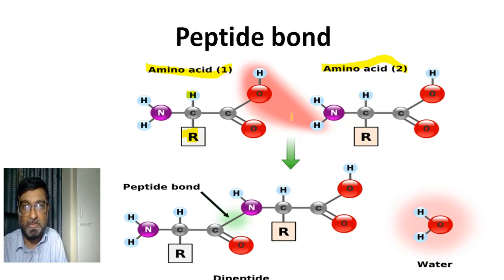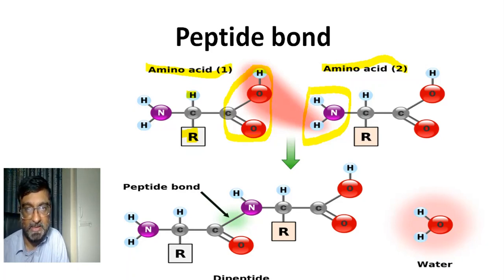When two amino acids join together, the COOH part of the first amino acid and the NH2 part of the second amino acid participate in the peptide linkage. The OH part of this amino acid and this hydrogen from the other amino acid are used in this linkage.